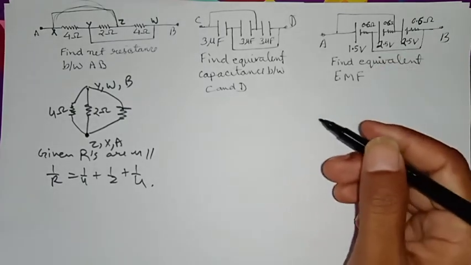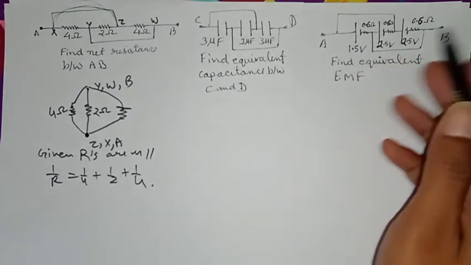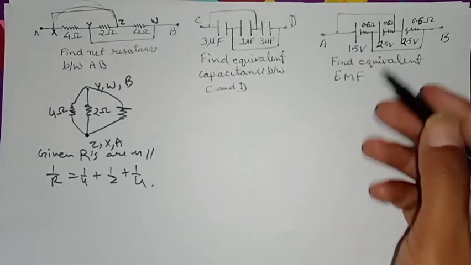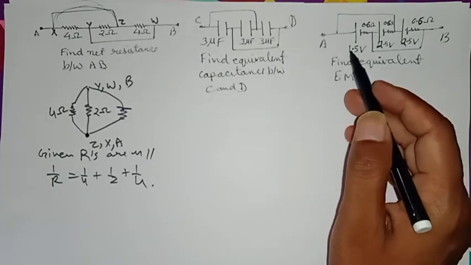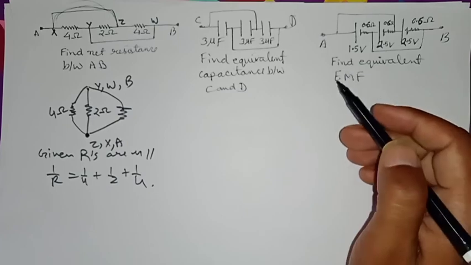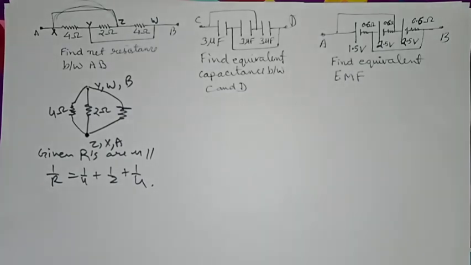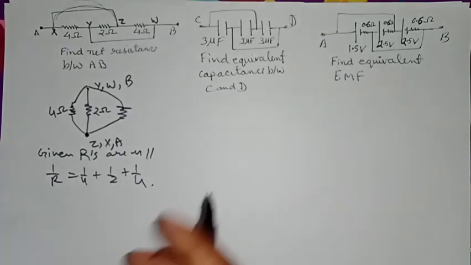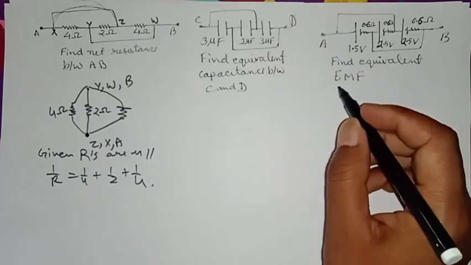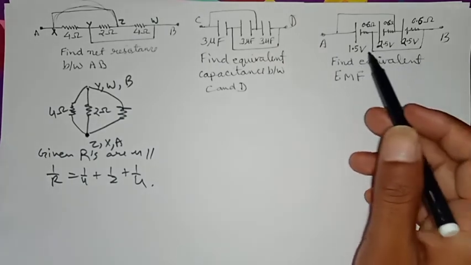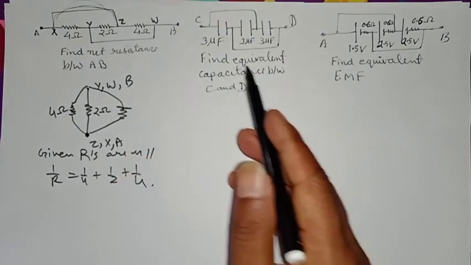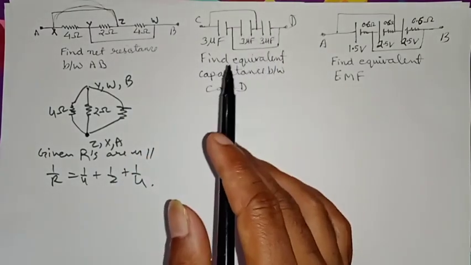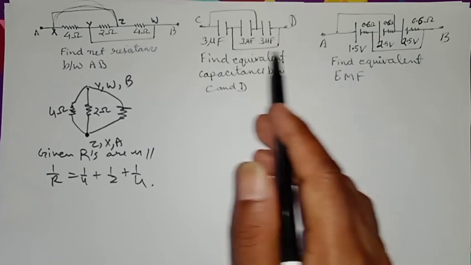Find the equivalent EMF. So all of them are in parallel. All of them are equal. It is 1.5. Different. So we have to apply that formula for different cells because this EMF is different. So you can do it. So in such type of question, just print this type of question in your mind.